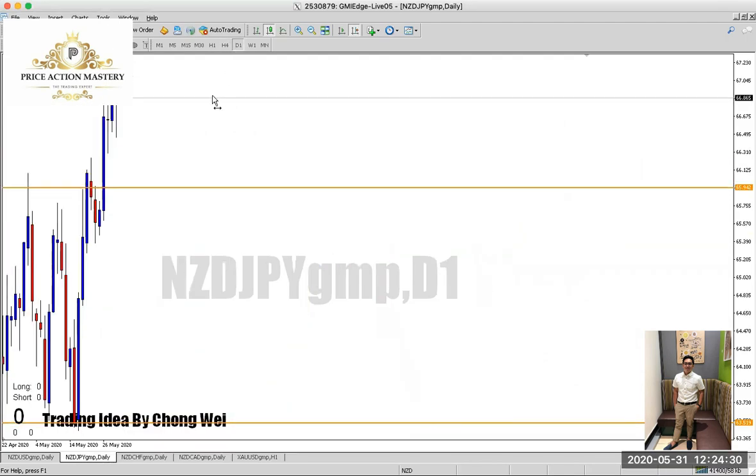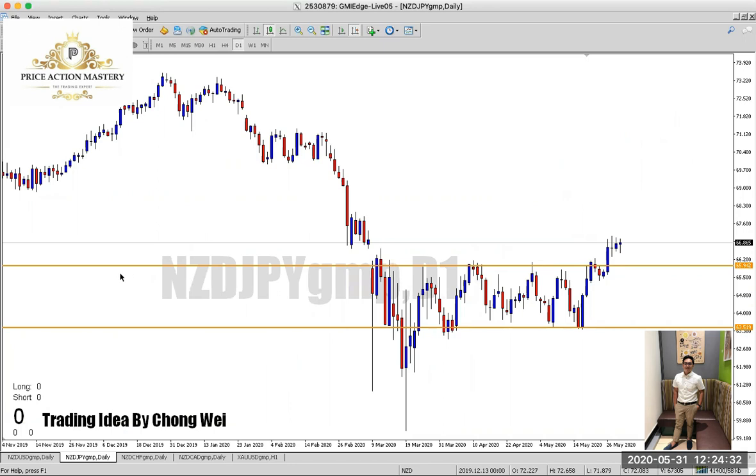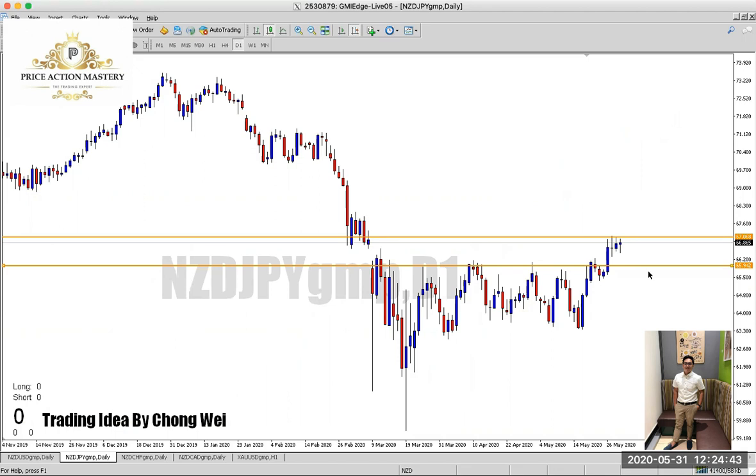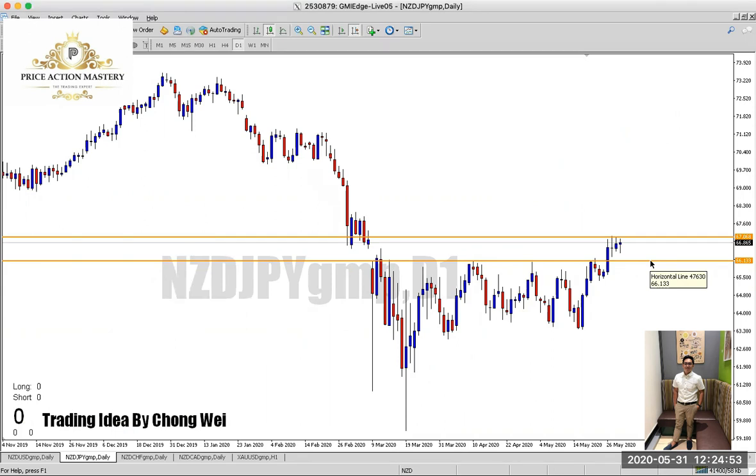Another will be New Zealand Yen. This will be a resistance and many sellers are going to come in. Even though sellers come in, I'm not going to become a seller, because if I purely sell on the resistance, I will get killed. The resistance or support level is actually where big players are playing with you.